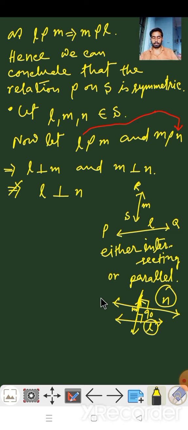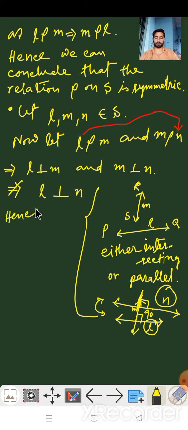That is, it is not possible for these two lines to be perpendicular. That's why l perpendicular to m and m perpendicular to n does not imply that l is perpendicular to n.